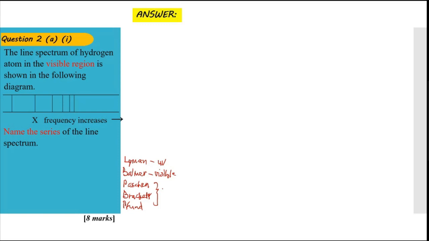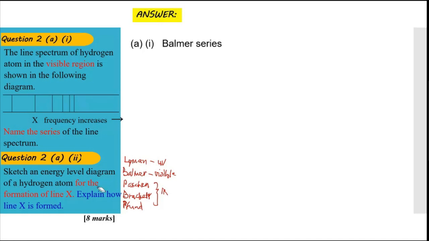And then question 2: sketch an energy level diagram of hydrogen atom for the formation of line X. Actually, line X is line number 2. This is line number 1, this is line number 2. That means this spectrum is recorded from left to right, because a spectrum is sometimes read from right to left. How do you know?